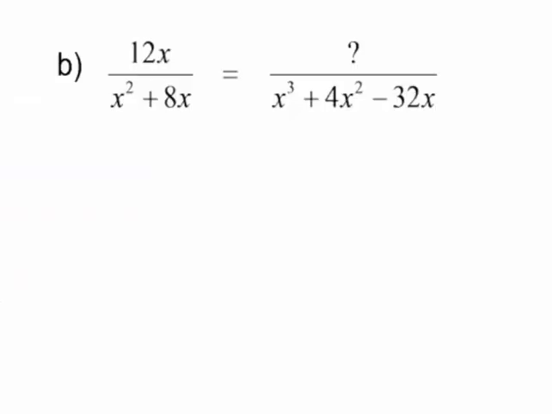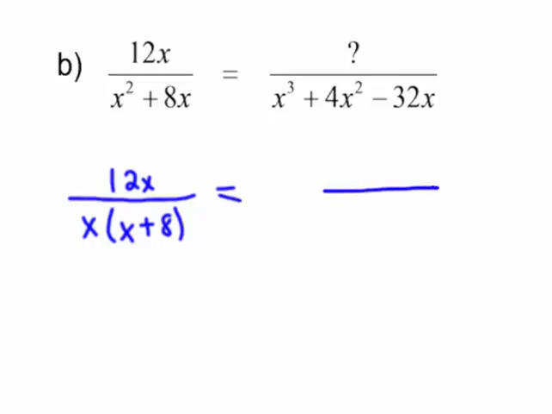Then the last one here, again, I'm going to factor it first here. So I have 12x over, I'm going to take an x out of the bottom. And I have x times x plus 8. On the second one, I'm going to take an x out.